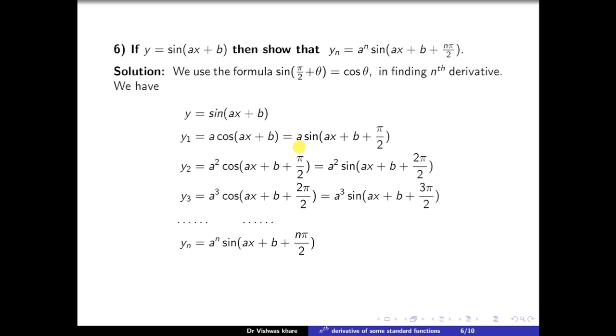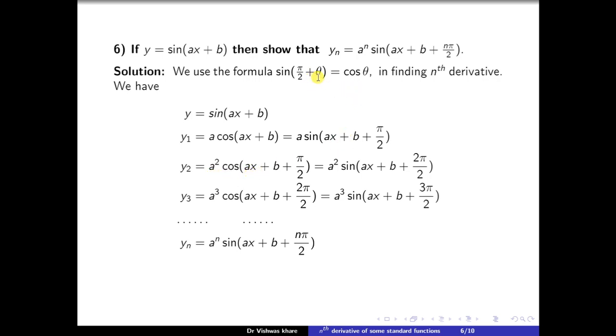It can be written as a times sine(ax plus b plus pi by 2). Now finding the second derivative y2, the derivative of sine(ax plus b plus pi by 2) is cos(ax plus b plus pi by 2), and further derivative of ax plus b gives a. So this a becomes a square.